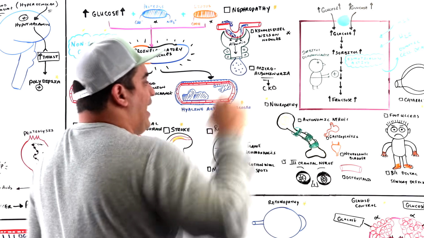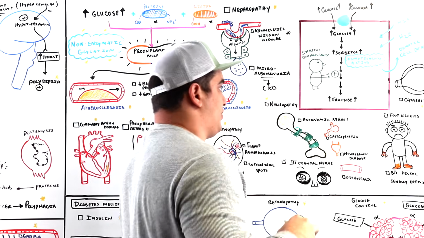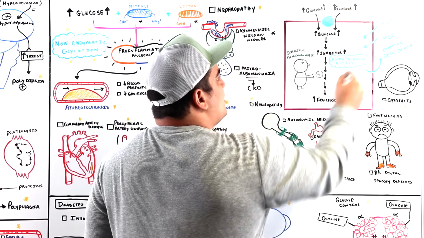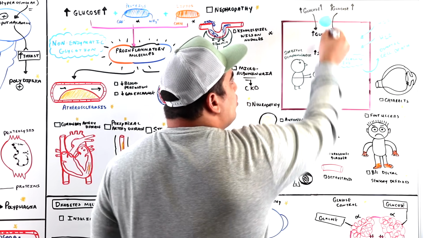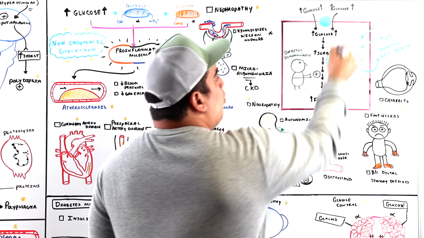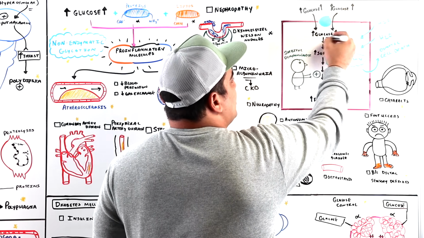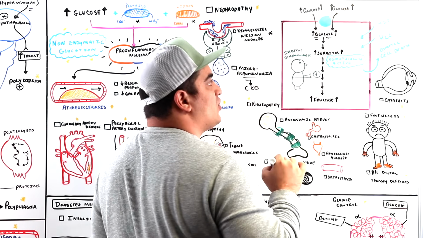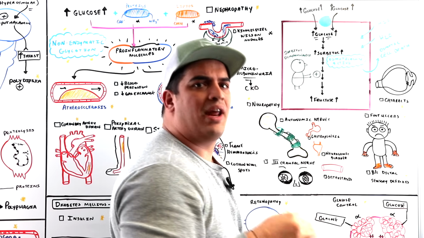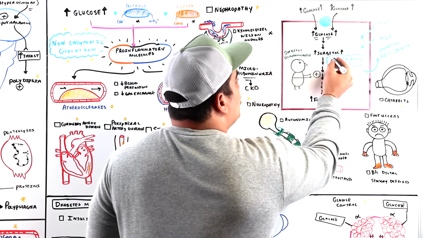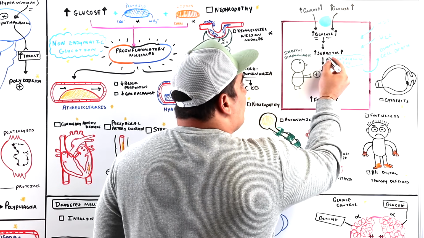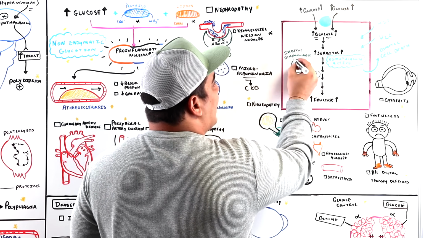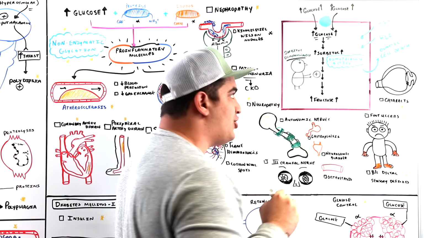The next thing that we have to talk about is potential complications. Now, in certain cells of the body, what happens is glucose gets taken up into the cell. With more glucose, this glucose gets converted into what's called sorbitol via an enzyme called aldose reductase. Now, sorbitol then gets converted into fructose with an enzyme called sorbitol dehydrogenase.